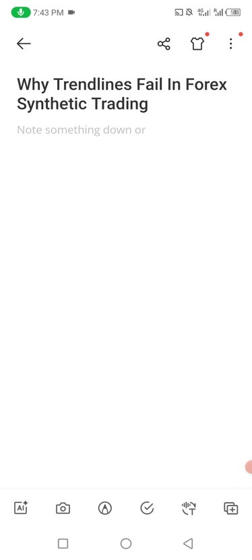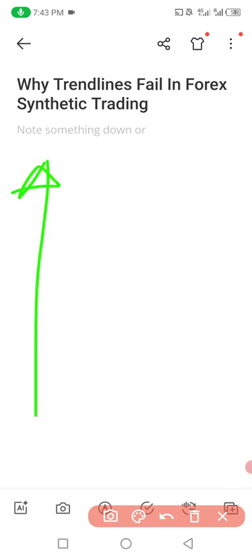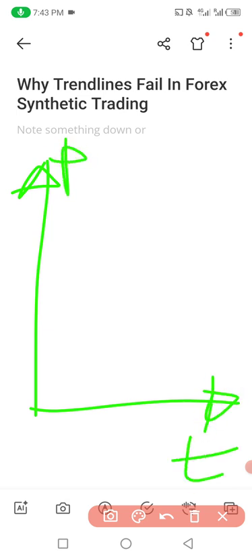We start with an illustration. Let's say we have the P axis and the T axis. The P axis is the price, and this is the origin.